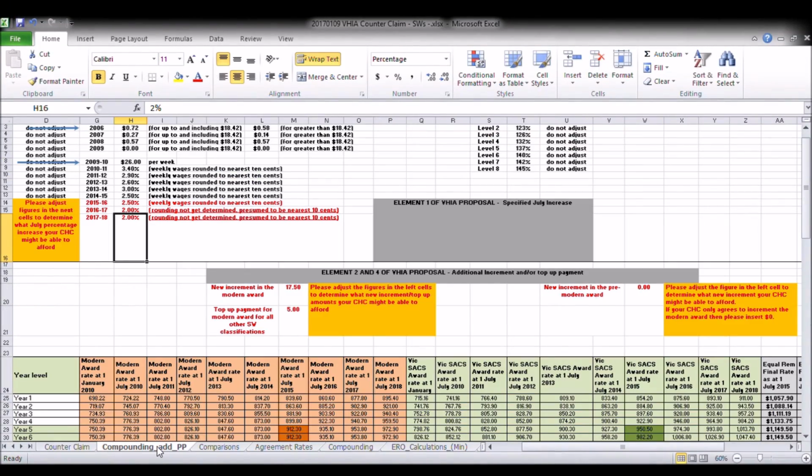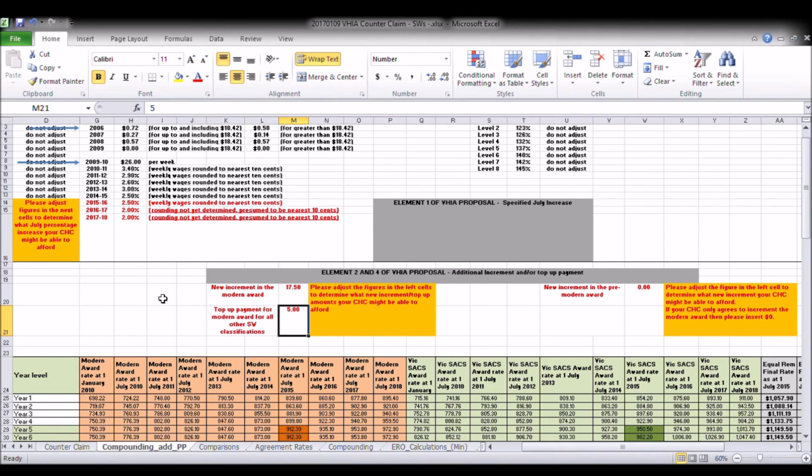Taking you back to the compounding ad pay point sheet, the purpose of getting community health centres to amend the figures and the percentage increases is so that VHIA can try to identify and determine if there is one position that can be supported by community health centres as an industry.